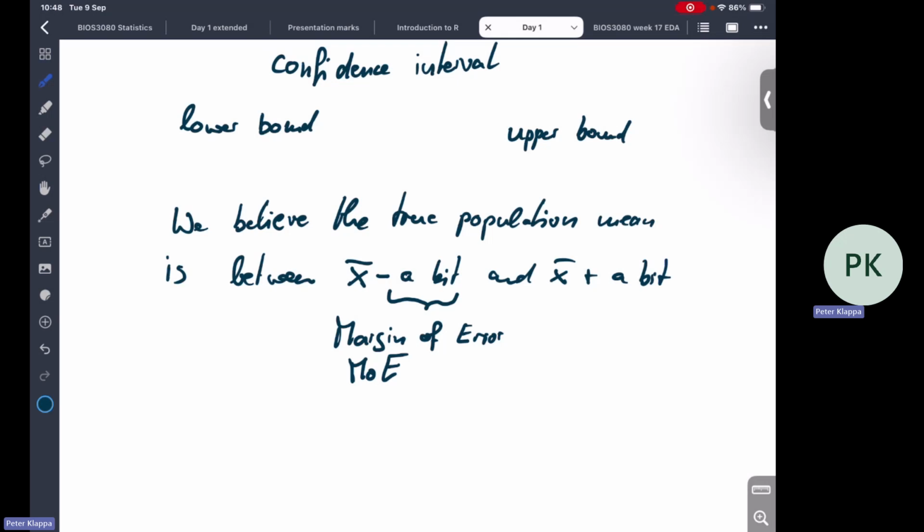All the information that we have is from the sample that we have taken, and we assume that the sample is representing the whole population. That's all we have in terms of assumption. So how can we calculate a bit?